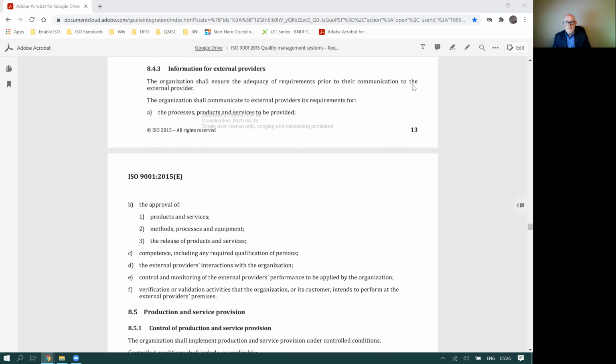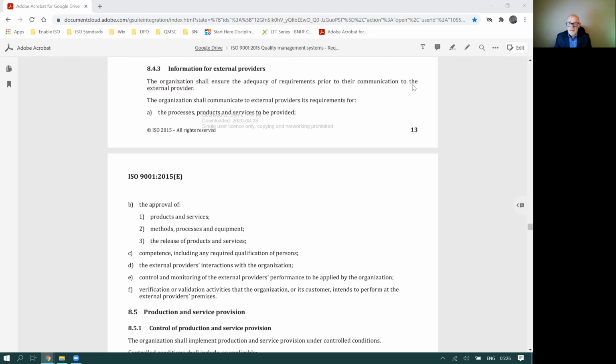I think when we're considering across all of the standards, we have to be very mindful of information security, regardless of whether we're going for ISO 27001. So it's important to consider, contractual arrangements really is the best way to communicate information for external providers.